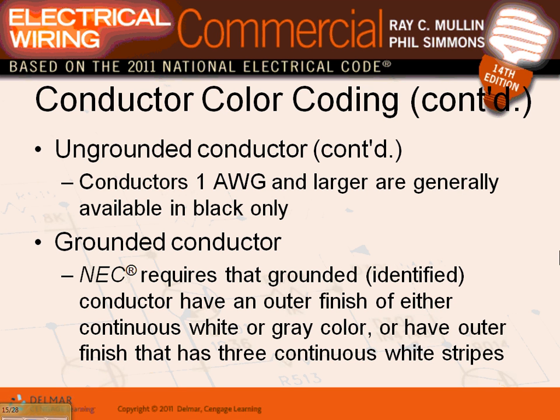Here's what you can do for all practical reasons. I can grab this black conductor, and I can make phase A, phase B, phase C, the neutral, and the equivalent ground conductor, all of them color coded black. If it's number 4 or larger, and you'll see them in a lot of buildings, I can make all of them black and use it for phase A, phase B, phase C, neutral, and equivalent ground conductor.